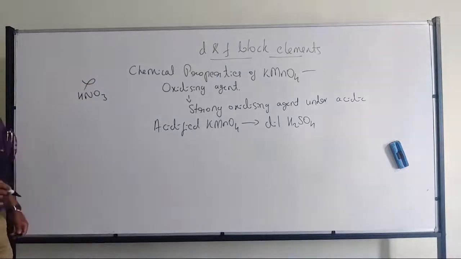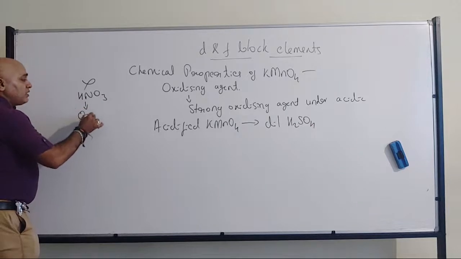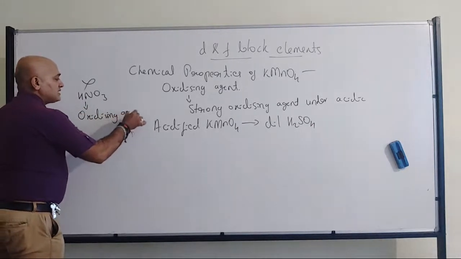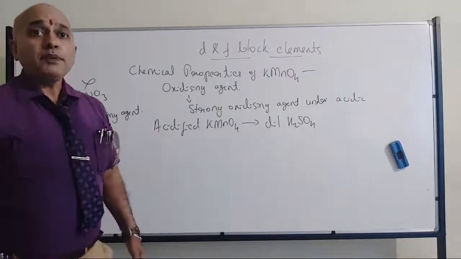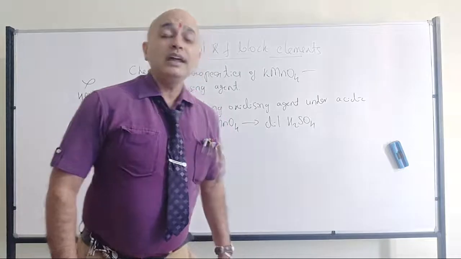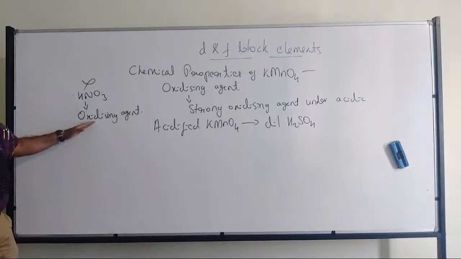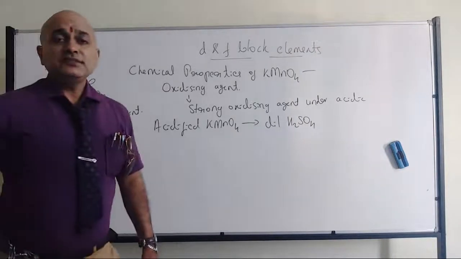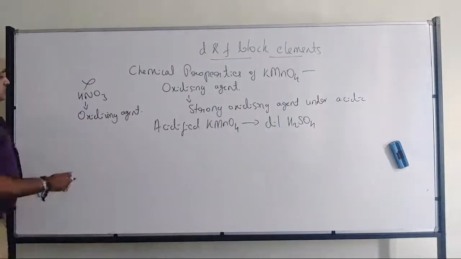What is the reason? Because HNO3 itself will act as an oxidizing agent. So there will be a competition between KMnO4 and HNO3 to show that oxidizing character. Therefore HNO3 will not be utilized.